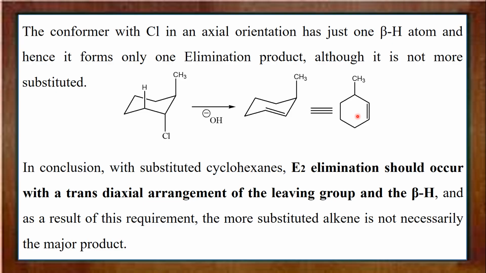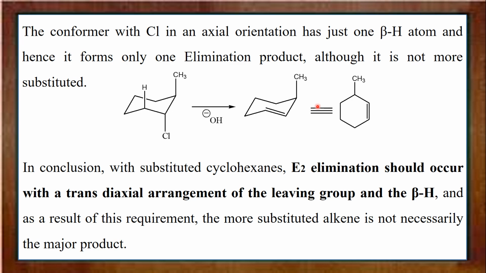Therefore, here there is no possibility for the formation of a double bond here to make it more substituted. So there is only one product possible, and that has only a double bond that is di-substituted. Only the less substituted alkene is the only product of this reaction.